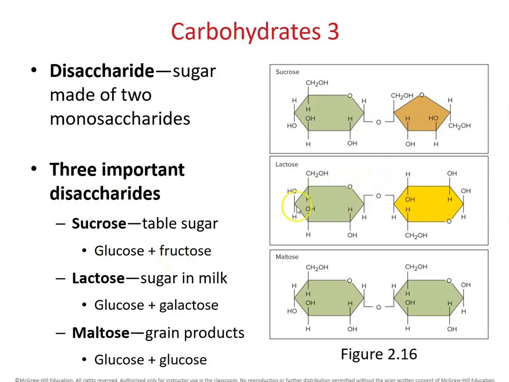Lactose is interesting. Lactose starts with a glucose, and then it has a galactose. Notice that the bond in this one is different. If a person is lactose intolerant, they don't have an enzyme that can break this specific bond. It looks really similar to maltose down here, which is a glucose plus a glucose, except the bond is upside down. And that results from galactose having the switch of that hydroxyl group right here.